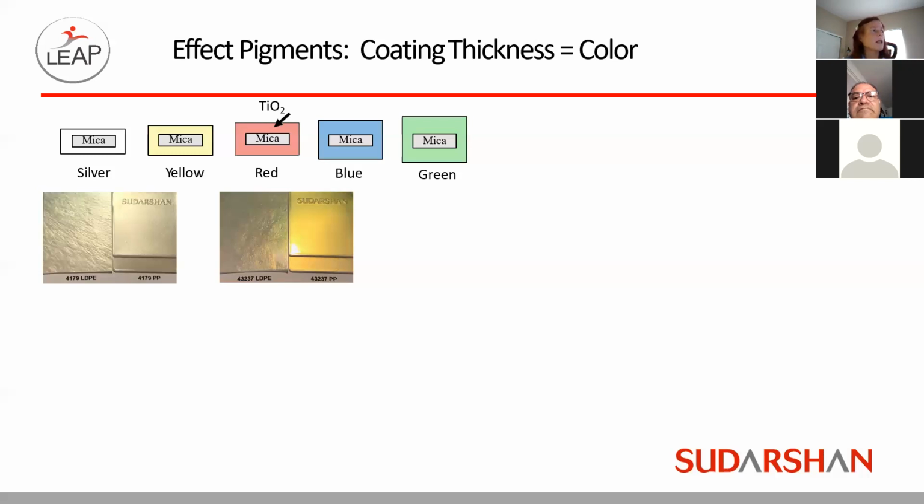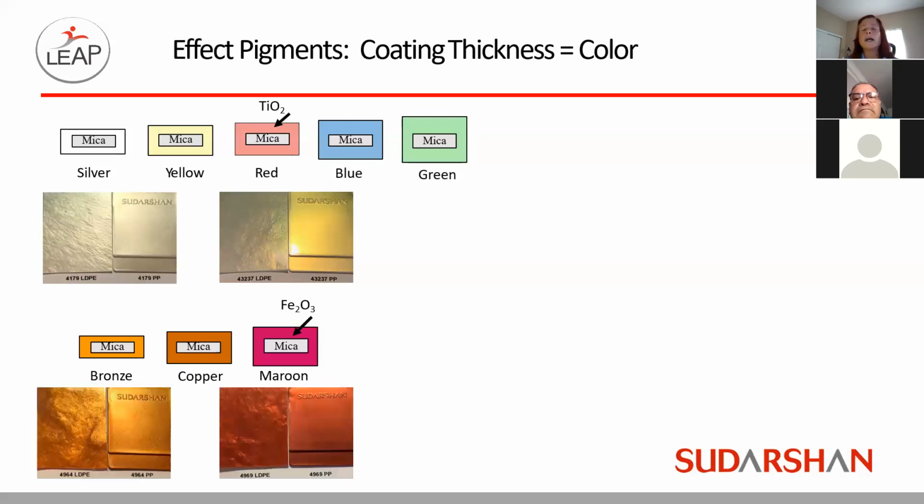Now, if we change that metal oxide out to the iron oxide, you get the earth tone color mica pigments, with the bronze having the thinnest layer and the maroon having the thickest layer. And again, you can see the difference in effect that you get by the polymer type as well as the dispersion type.